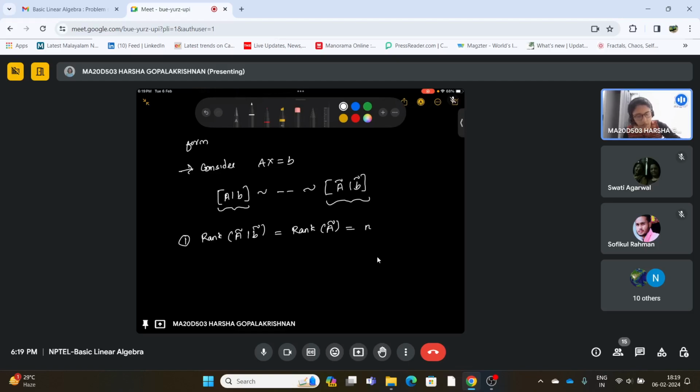If the rank of [A tilde | b tilde] and the rank of A tilde are both equal to n, then we have a unique solution. That is one case. The other case is we can have rank of [A tilde | b tilde] strictly less than rank of A tilde.